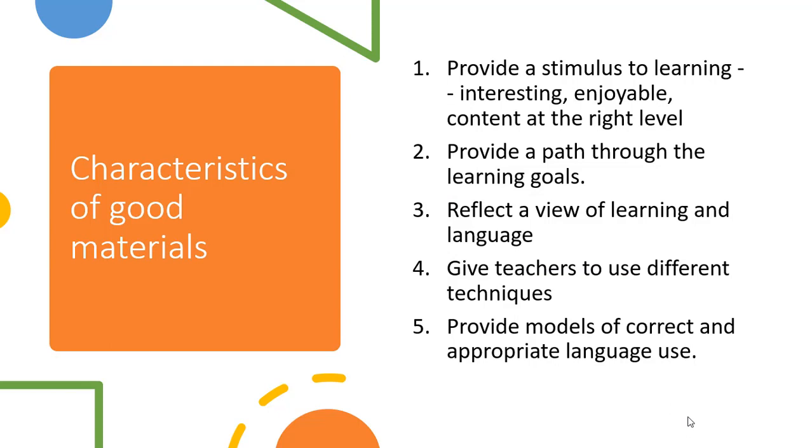And also the books give teachers the chance to use different techniques. So there are some activities the students find interesting to do in the classroom. There is not only one teaching method.